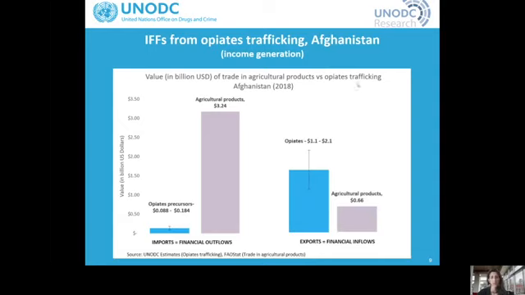Specifically, this case is related to opiates trafficking in Afghanistan, and we estimated that the amount of illicit financial flows related to export of opiates from Afghanistan abroad generates a value that is more than double the agricultural products exported by the same country in 2018.